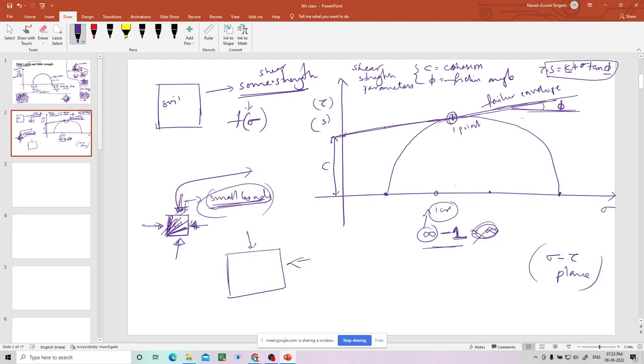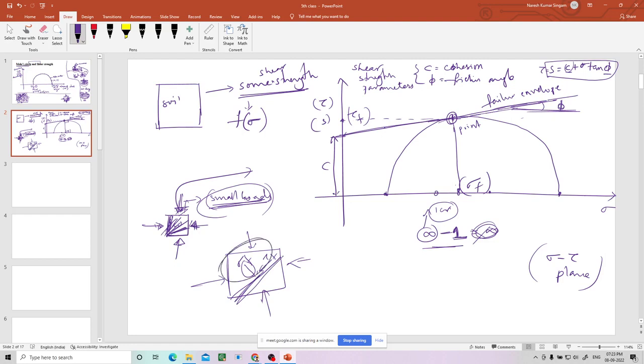At that particular plane, there will be a normal stress sigma f and a shear stress tau f. Only along that plane this slippage will occur.